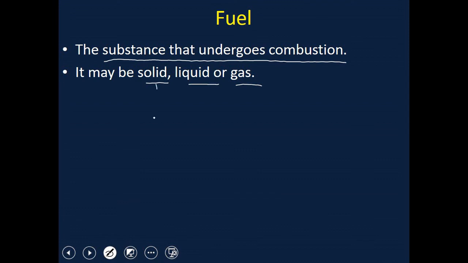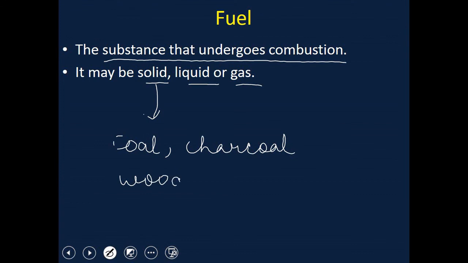Solid fuels: coal, charcoal, wood, etc. If I talk about liquid fuels, we can write here alcohol, petrol, kerosene, etc.